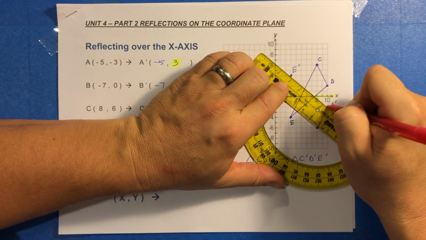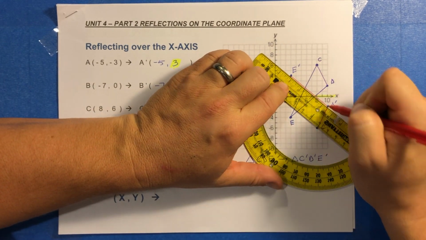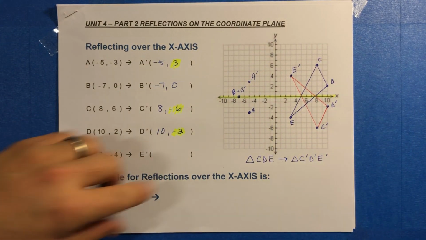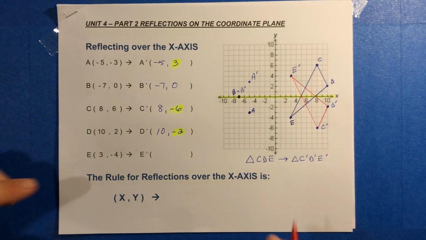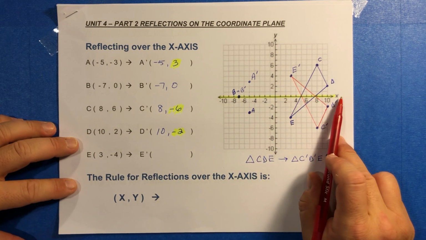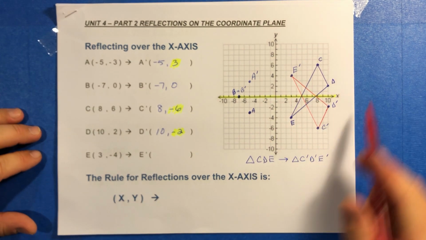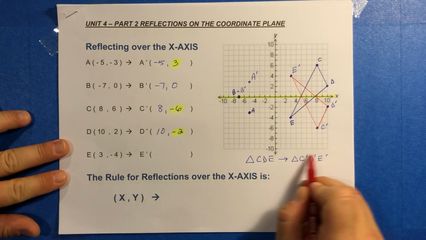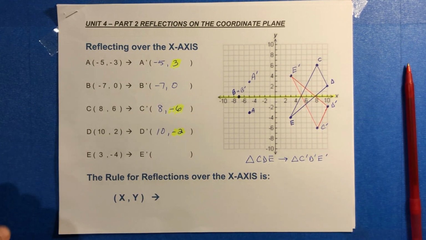Since the pre-image triangle CDE was intersecting through the x-axis, so is its image. So here we go. Triangle CDE maps onto or becomes triangle C prime, D prime, E prime.